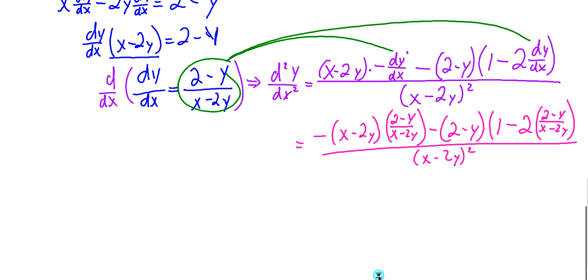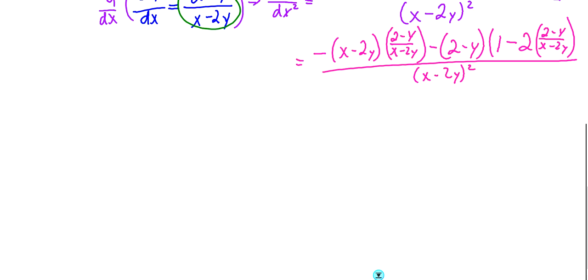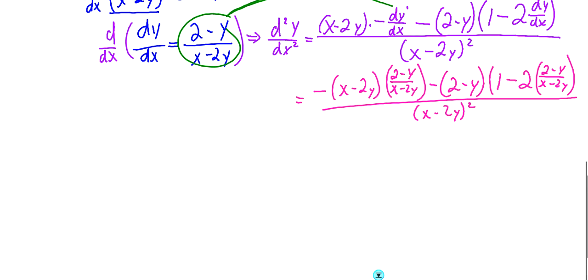Well, the first thing I can do is this divided by this is 1. So I can deal with that. So rewrite this as negative 2 minus y. Then I'm going to distribute this in.